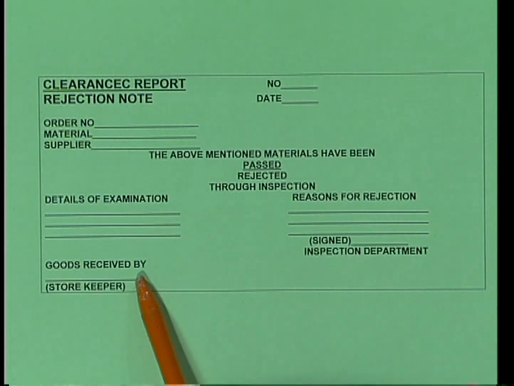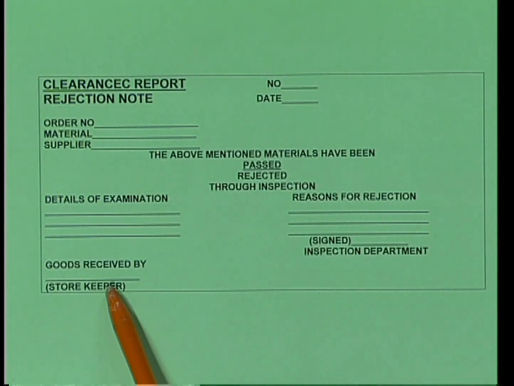Then if it is good, it is received by the storekeeper, and he will give the signature and take the material. If it was not accepted, if they were rejected, they will be sent directly to the consignor for whole cancellation or part cancellation according to the quality they accepted or rejected.